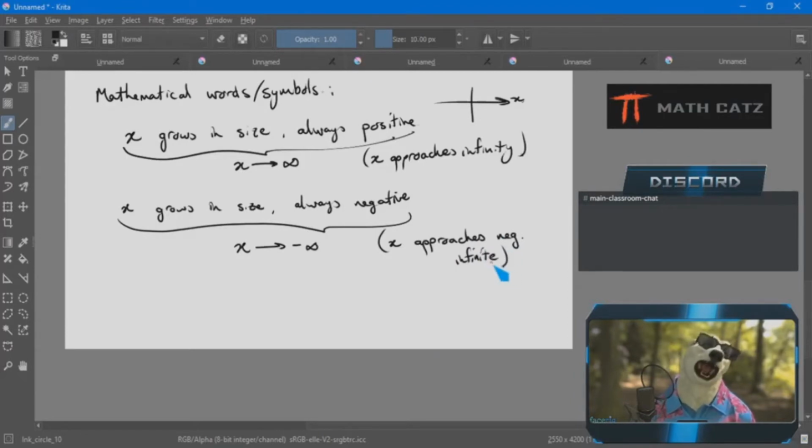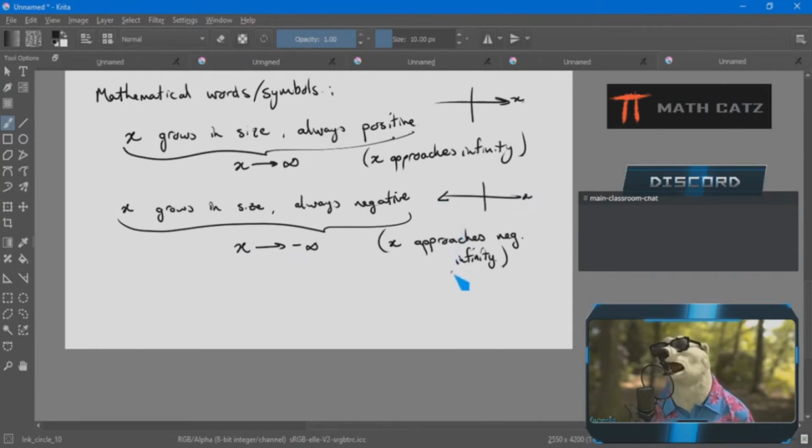That is how we say it, but it's not as if infinity is a number. Infinity is not a number, and it's just a direction for where the x values are going. So they're going far to the left.